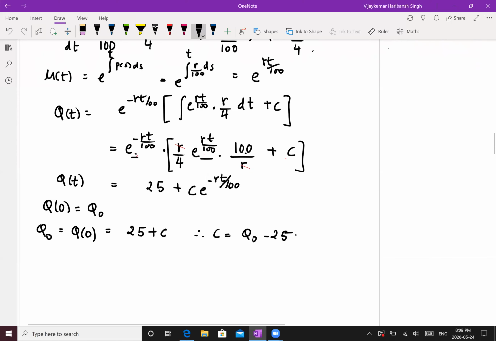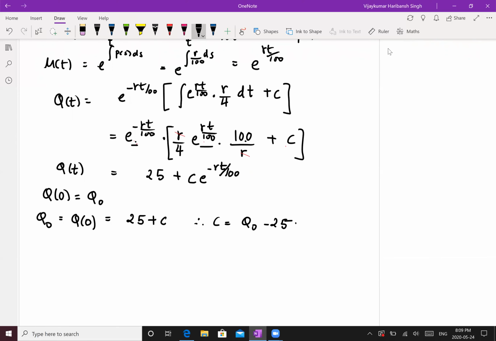When you rearrange the solution, you get Q of T equals 25 plus Q naught minus 25 times e to the power minus RT by 100.